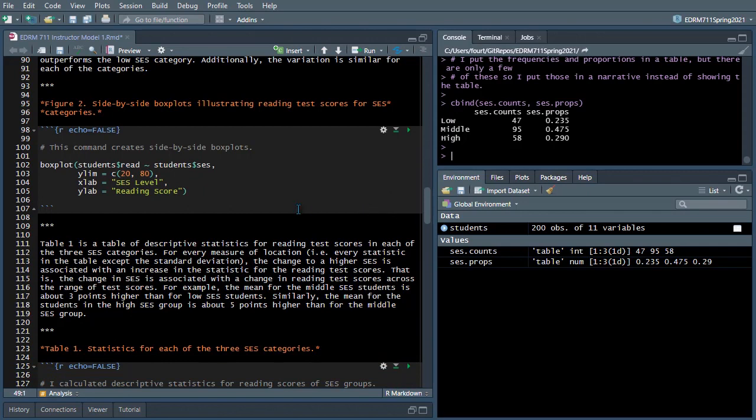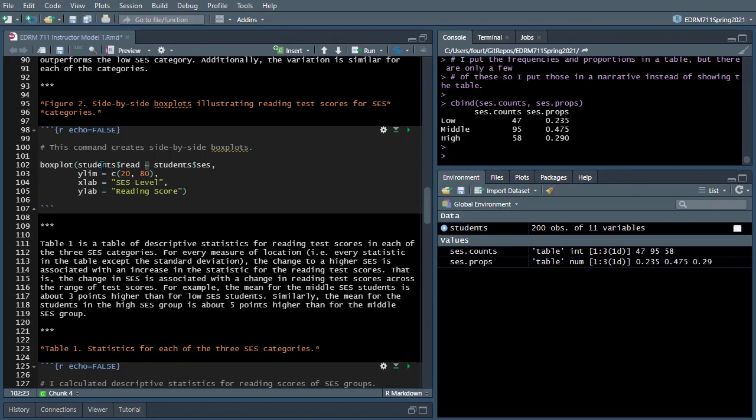It looks like I can do this with one command, and here it is. Boxplot is the function we're using. The first argument reads that reading score is a function of SES. Whenever you see this little funny squiggly, which is called tilde, tilde is read as a function of.